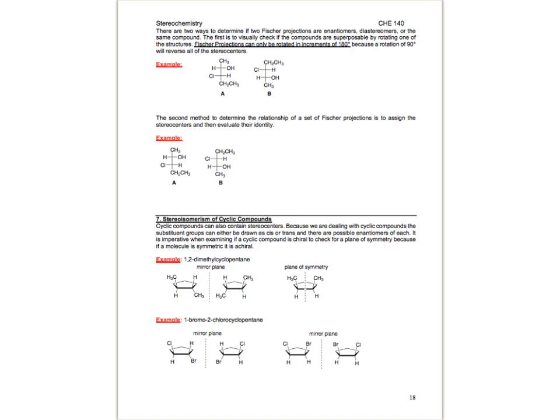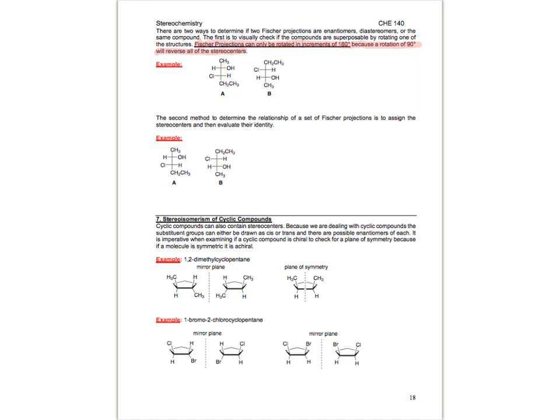Now, one thing that is extremely important, if you are going to use this method, is that Fischer projections can only be rotated 180 degrees, because if you rotate them only 90 degrees, you will reverse the stereochemistry at each stereocenter. Because remember, vertical bonds mean they're going away from you.